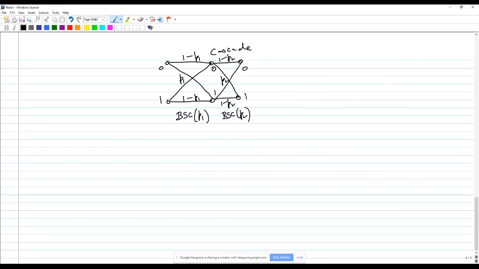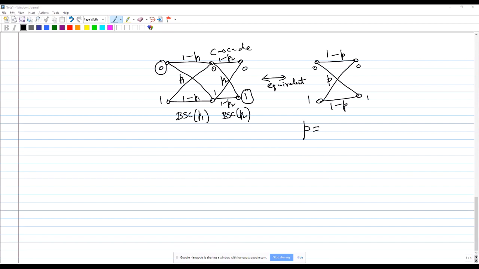It turns out this is equivalent to another binary symmetric channel with transition probability p. It's the exact same thing as a binary symmetric channel p. And what will be this value p? You can try and compute that. This value p is the probability that you get a 1 here, given that a 0 was transmitted.